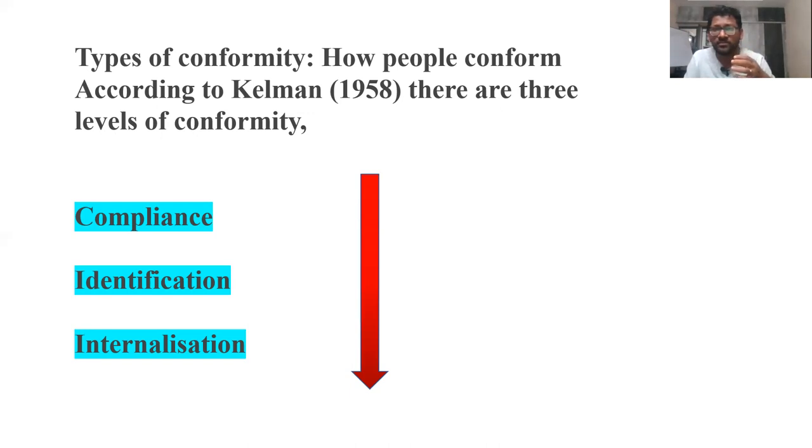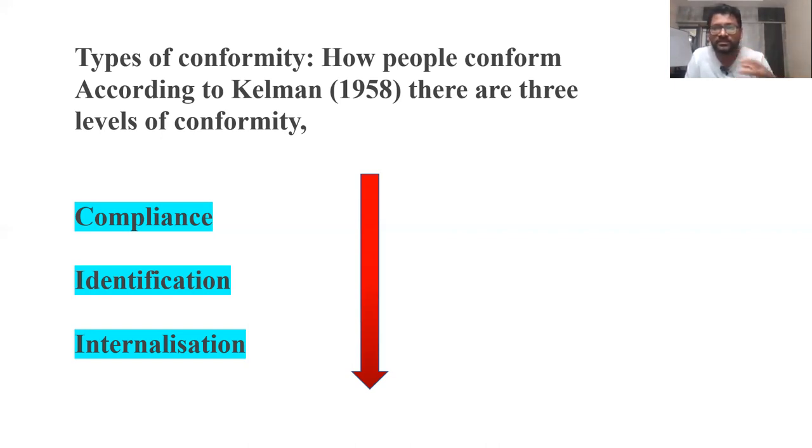Internalization results in both a public and private change in behavior and attitudes. This is the deepest level of conformity, referred to as true conformity. Here I internalize that this is a need, and that something has to be done for that.